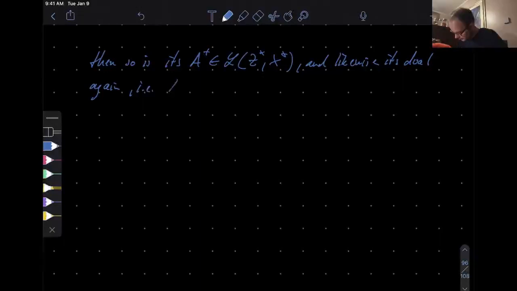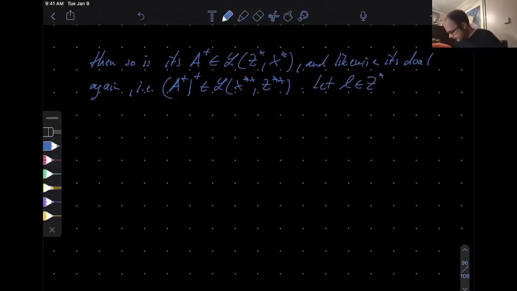So you look at A^t and then the dual of that, which is now a bounded linear transformation between the bidual spaces x star star and z star star. Now we suppose that x is reflexive, and we want to show that the Banach space z is reflexive.